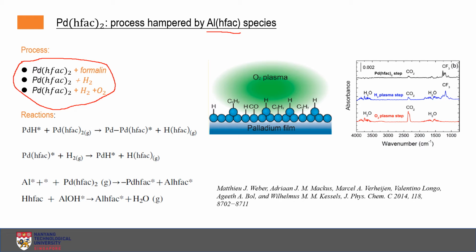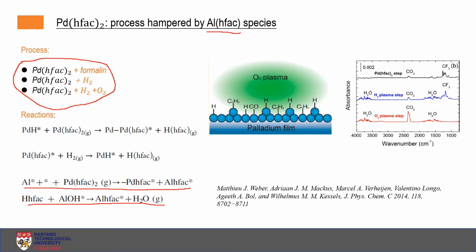So where is the alumina come from? Actually, alumina is usually used as the substrate for Pd ALD. However, in this process, it also joins in the reactions. The reaction has been shown here.